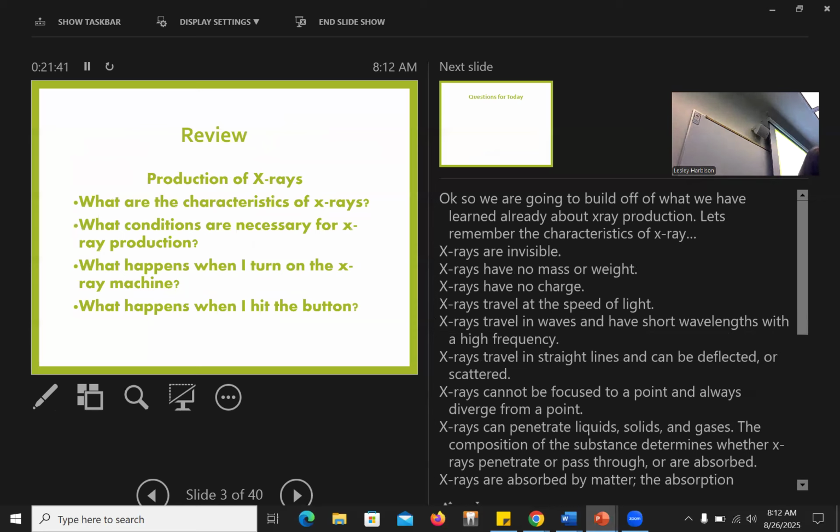All right, so to review production of X-rays, what are the characteristics of X-rays? Does anybody remember one, two, three? How do X-rays behave? What kinds of things do they do? How do they travel?